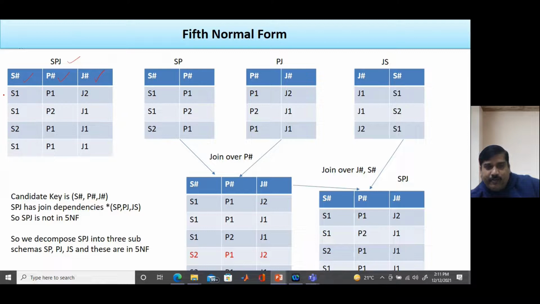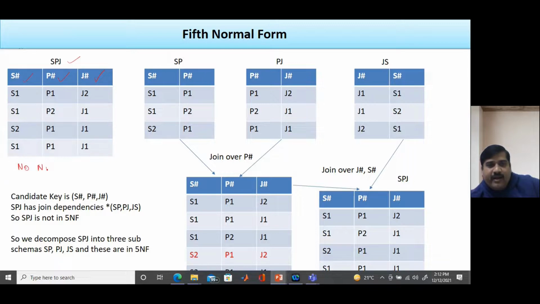There should be four tuples T1, T2, T3, T4, with T1 of S equal to T2 of S, T3 of S equal to T4 of S, T1 of P number equal to T3 of P number, and T2 of P number equal to T4 of P number. These conditions are not satisfied in this table, so we can say that there are no non-trivial MVDs in this table.